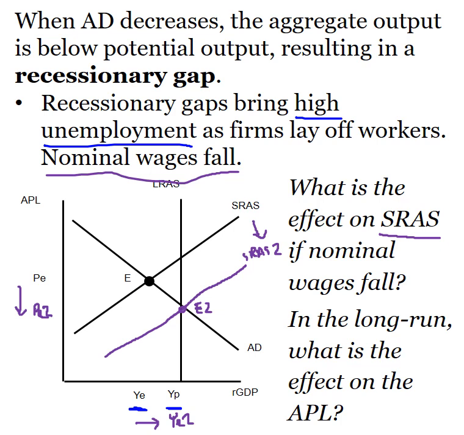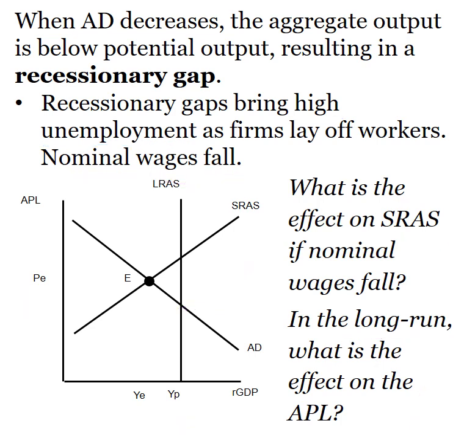But our E2 is a long run equilibrium because it's back meeting our potential. So in the long run, what is the effect on the aggregate price level? Look at your model, we can see that price level fell. So to delete all this, SRAS shifted to the right and APL fell.